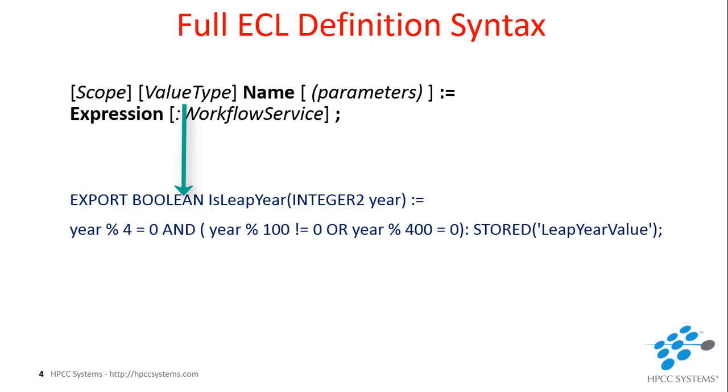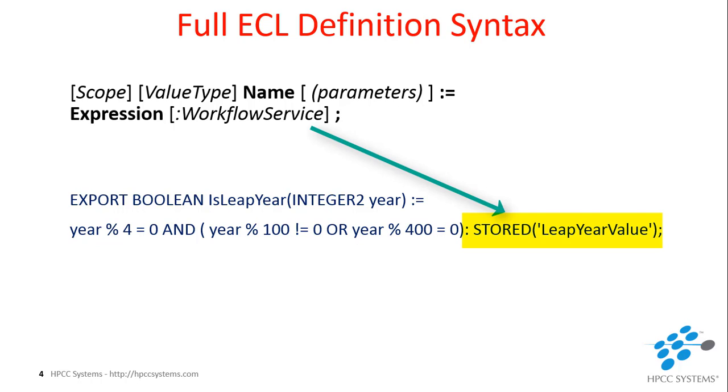In other words, if you happen to make a coding error that could return some other value type, explicitly defining one will make sure that the compiler can catch a coding error. When a name passes parameters to the expression, the basic ECL definition becomes a basic ECL function, and we will discuss these functions in an upcoming lesson. And finally, after the expression, any ECL definition can also include a workflow service.